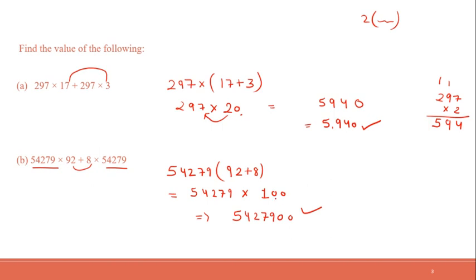Because in multiplication, if there are two zeros, we will write them at the end only. Now we just want to multiply 1 with this term 54,279. If we multiply any term with 1, we'll get the same term. That means we'll get 54,279 here, and then we'll add these two zeros. So this will be the answer. I hope you got this. Let's come to the next question.